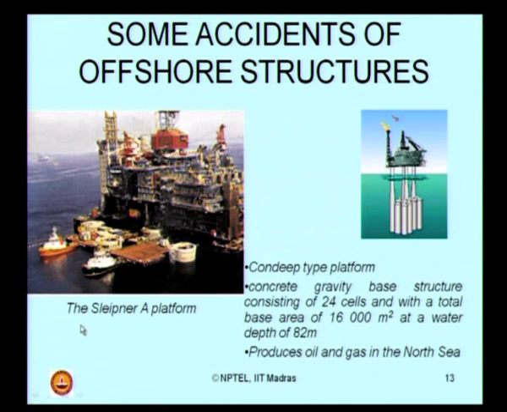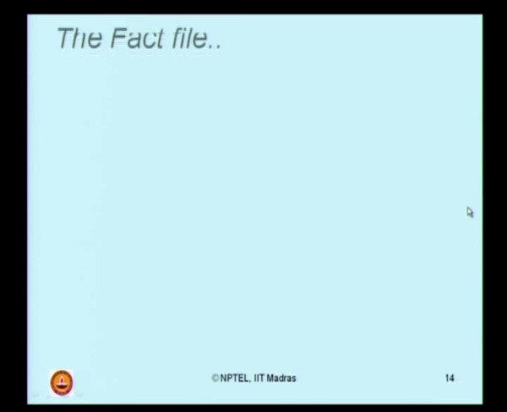Let us look at one case, the Sleipner platform, which is a Condeep type platform. It is a concrete gravity based structure consisting of 24 cells with a total base area of about 16,000 square meters. The platform was installed at a depth of 82 meters. It was producing oil and gas in the North Sea.